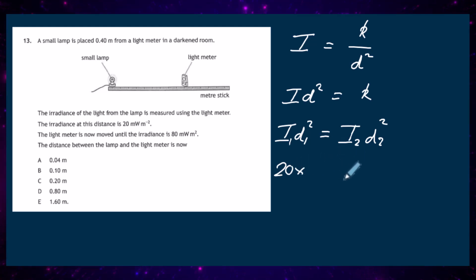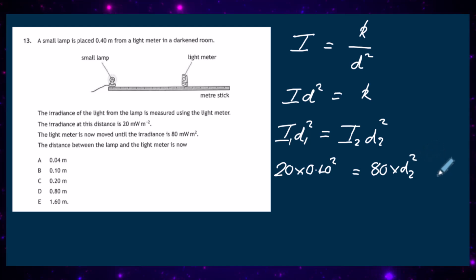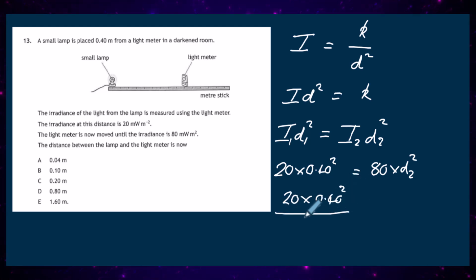Now d1 squared is going to be 0.4, all squared, and then that's going to equal the radiance I2, which we've now gone up to 80, times d2 all squared. So 20 times 0.40 all squared divided by 80 should give us a value for d2 squared.